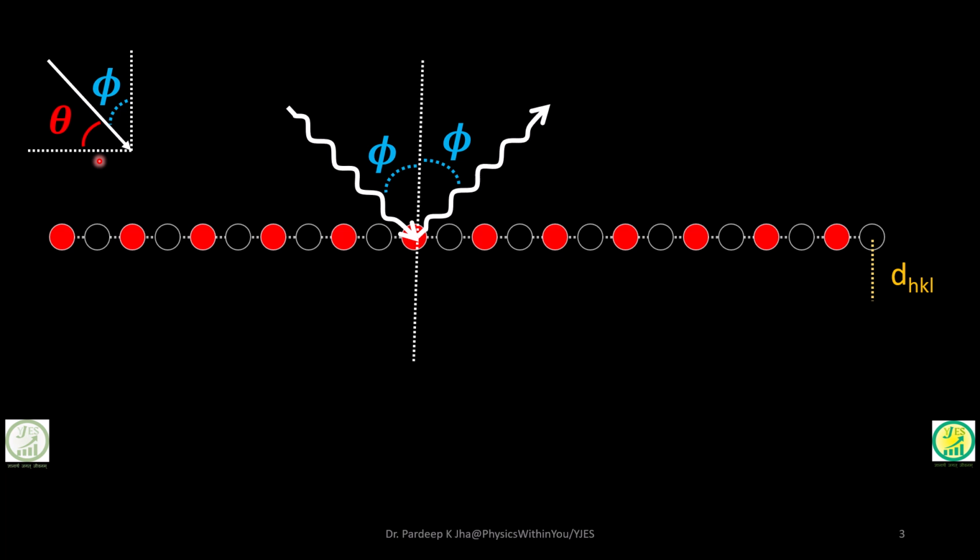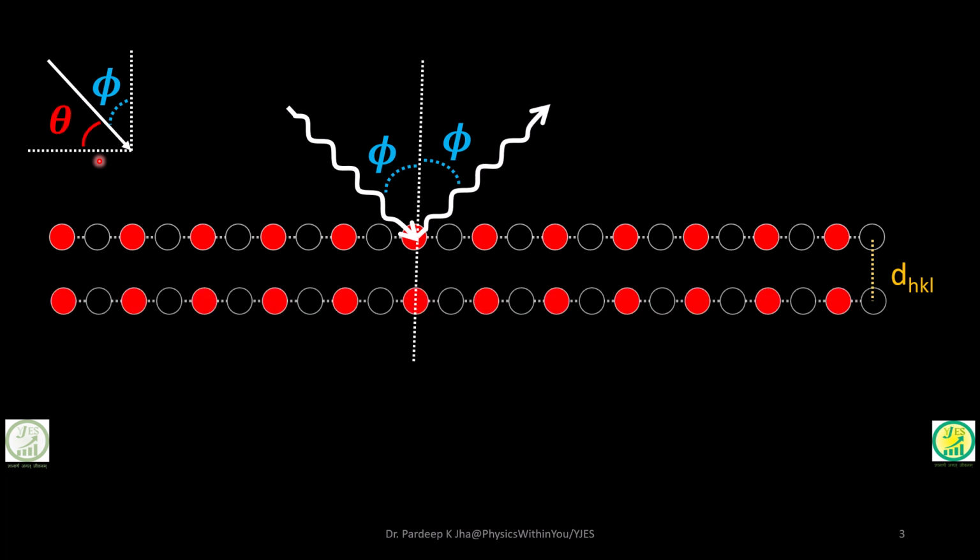Now, to have diffraction, I need a number of reflections so that they can combine. You can see one ray is coming here and reflected in this way. That is one. But it has to happen simultaneously with the second layer also. And in that case, there will be a path difference.